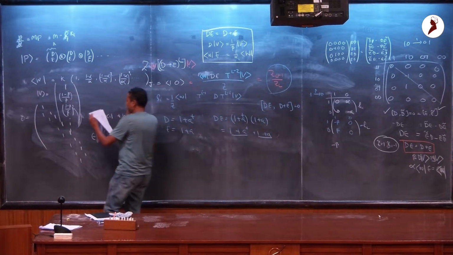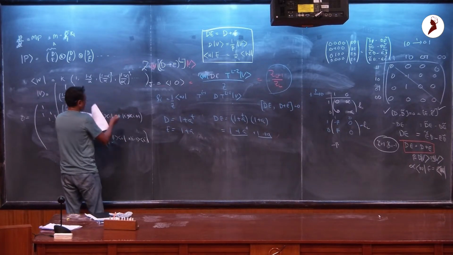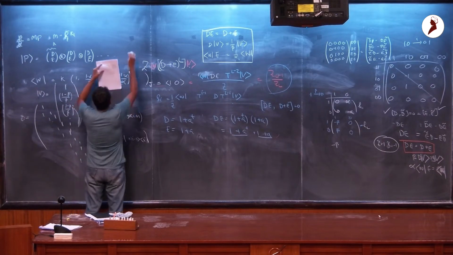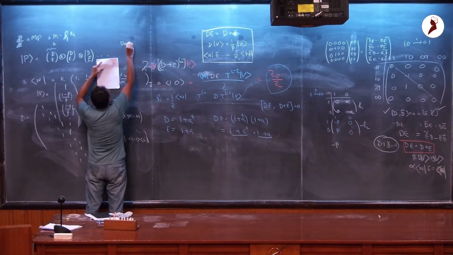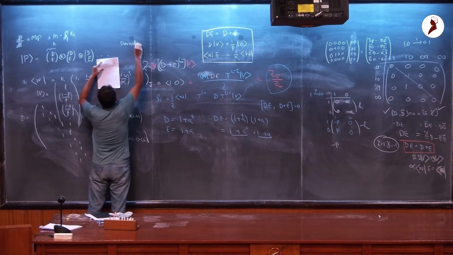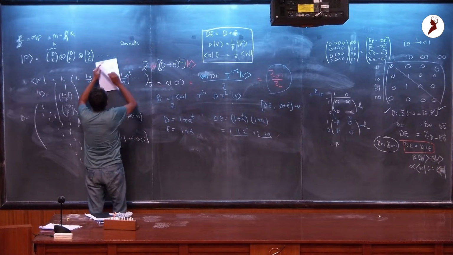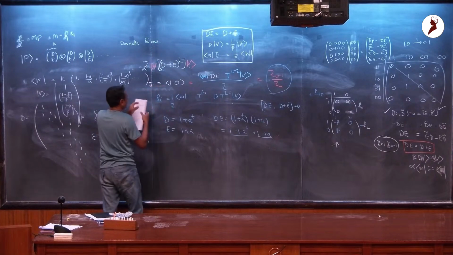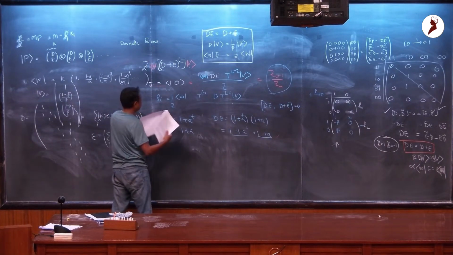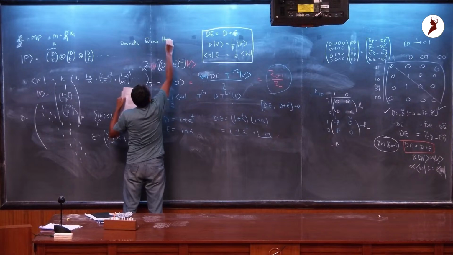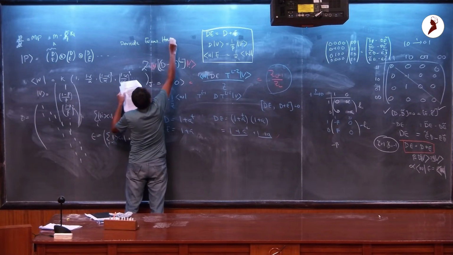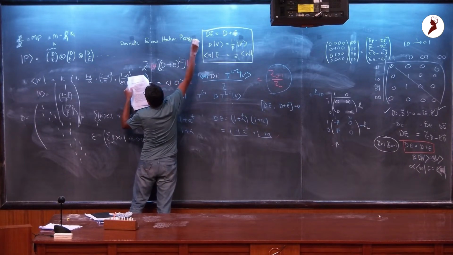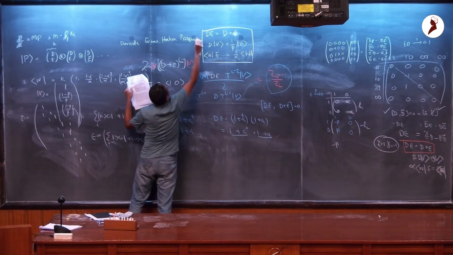And the paper which I'm referring to is the first paper on this matrix product ansatz, a very nice one. So Derrida, of course, Derrida, and Evans, Martin Evans, and Hakim, I think, H-A-K-I-M, Hakim, and Pasquier, P-A-S-Q-U-I-E-R.